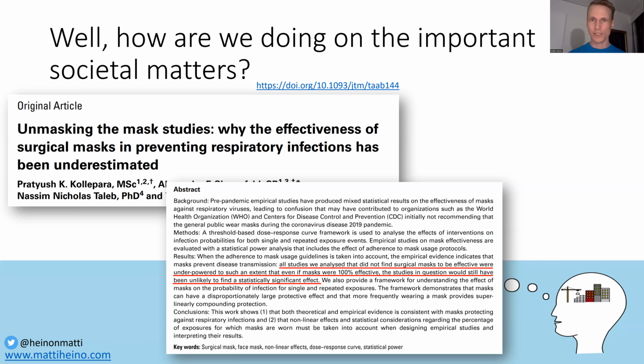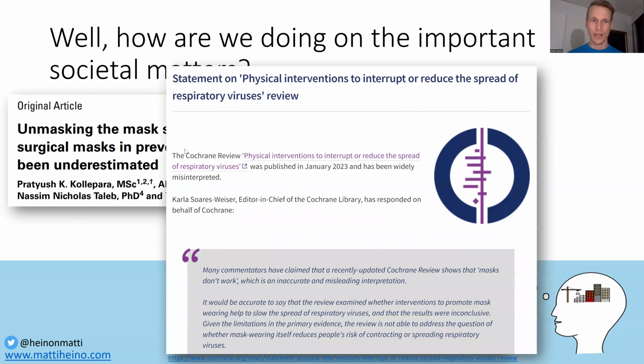There was also an interesting turn of events with a Cochrane review. The Cochrane Collaboration is one of the most famous evidence gathering groups that do these meta-analyses and so forth.